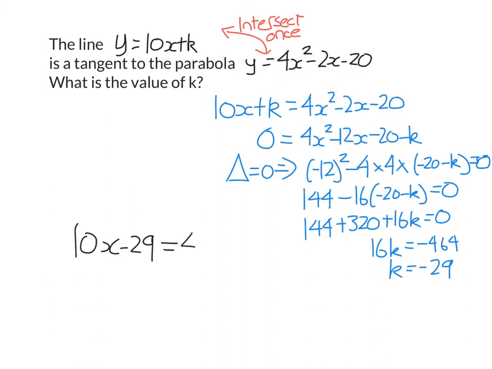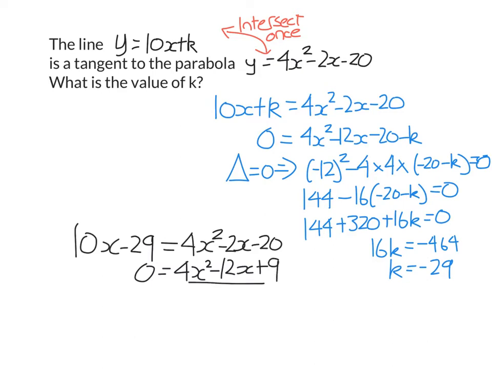So what would be the point of intersection in this case? As I did before, make one side equal to 0 by subtracting 10x, and this time I'm going to add 29 to both sides. It turns out this is a perfect square. If I wanted to find the value for x, I could factorize this using the AC method.